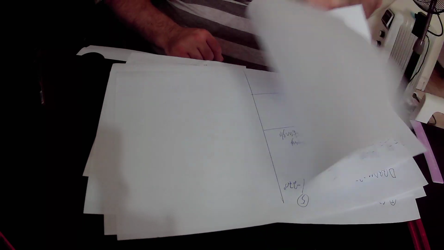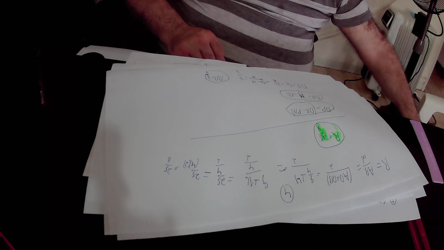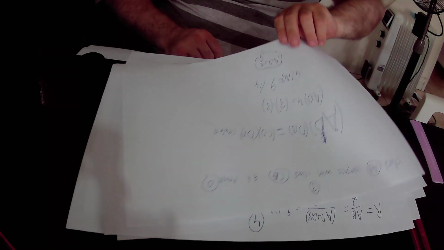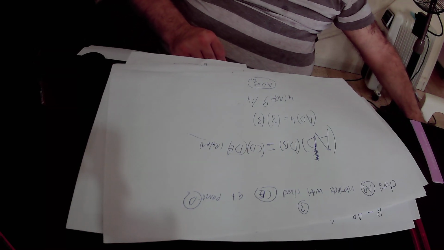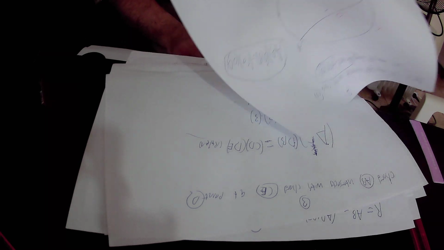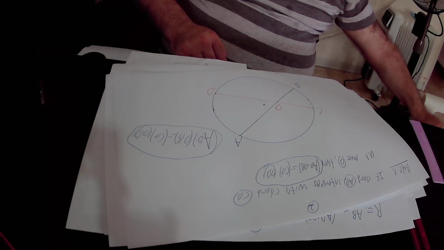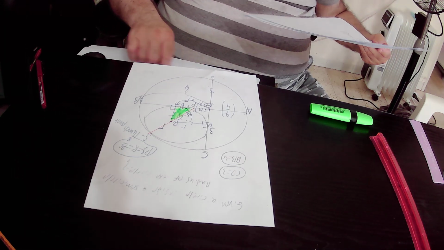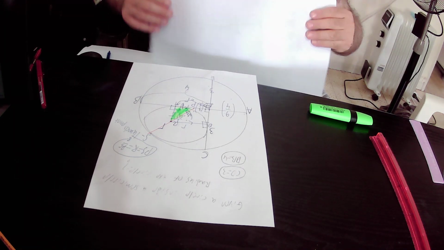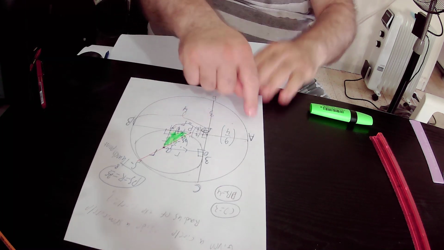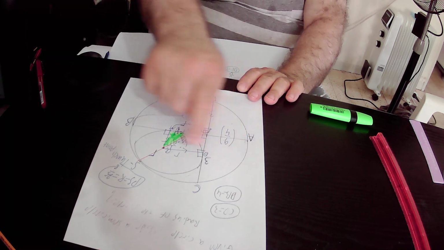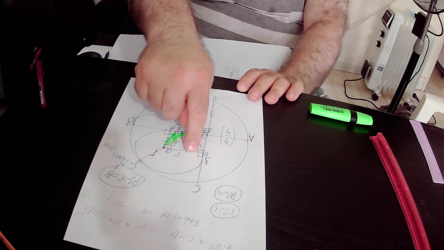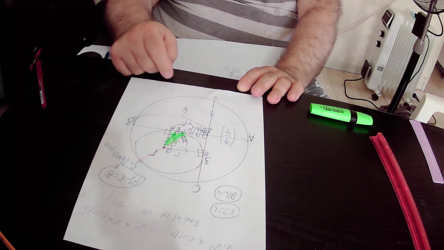I repeat, the second semicircle that we created by completing the semicircle to a circle is the mirror image of the original semicircle.